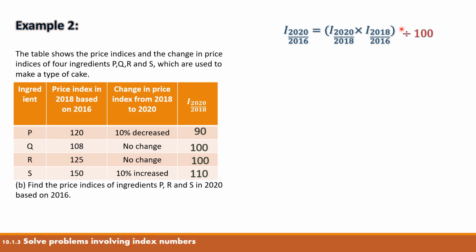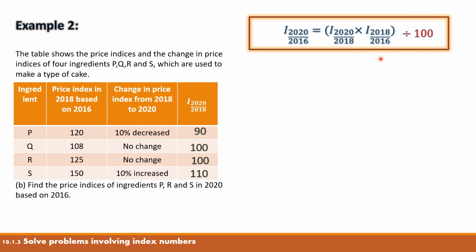It's just like a chain rule, which chains 2016 to 2018, and 2018 to 2020. And because these are two index numbers which each include 100, we need to divide by another 100 to get the index number for 2020 based on 2016.